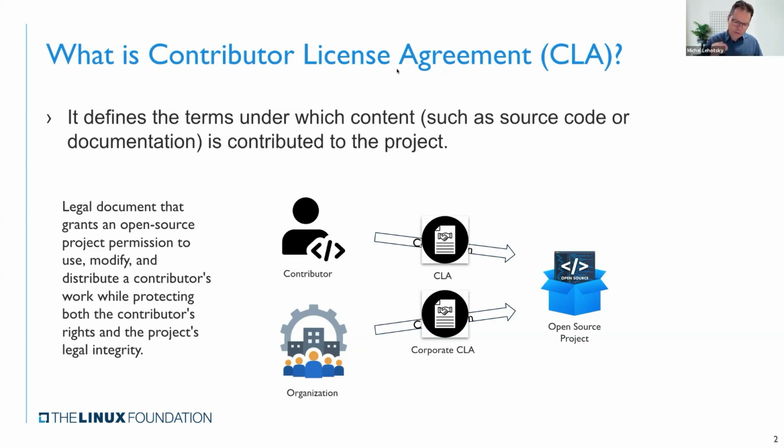So every single contributor signs the CLA individually. Versus organization, there is some CLA signatory. And that's someone who is representing the company or organization and is eligible or is able from the legal perspective to sign this corporate CLA on behalf of the organization.